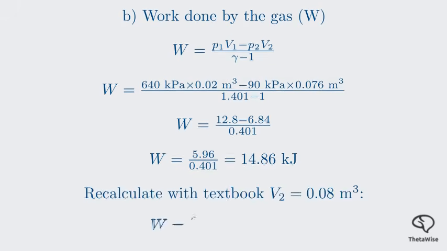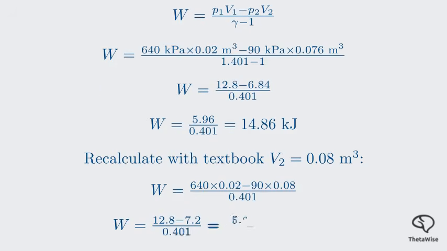There is a small difference between my calculated work and the textbook's. This difference comes from using my more precise value for V2, which I calculated as 0.076 m³, compared to the textbook's rounded value of 0.08 m³ in this calculation.